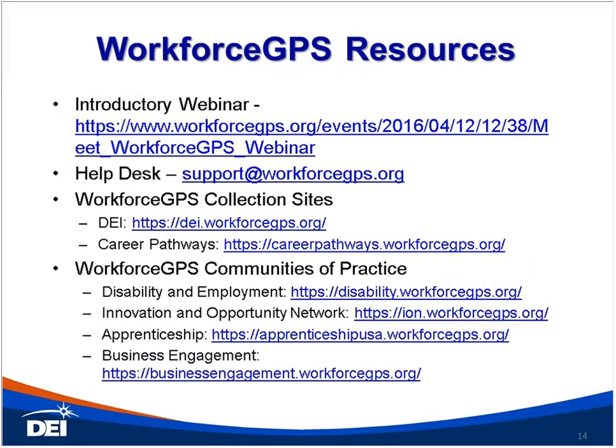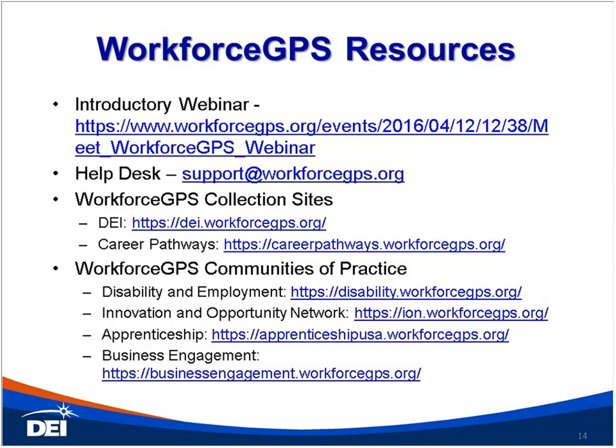This is the email address to reach out. The collection site is the DEI, that we want to make sure that you have this in your bookmark, and also career pathways. That is the focus of the grant, so we want to make sure you have that. And then the Workforce GPS Communities of Practice. We went over the Disability and Employment one. Again, the Innovation and Opportunity Network is the Workforce Innovation and Opportunity Network, with a website for the public workforce system.